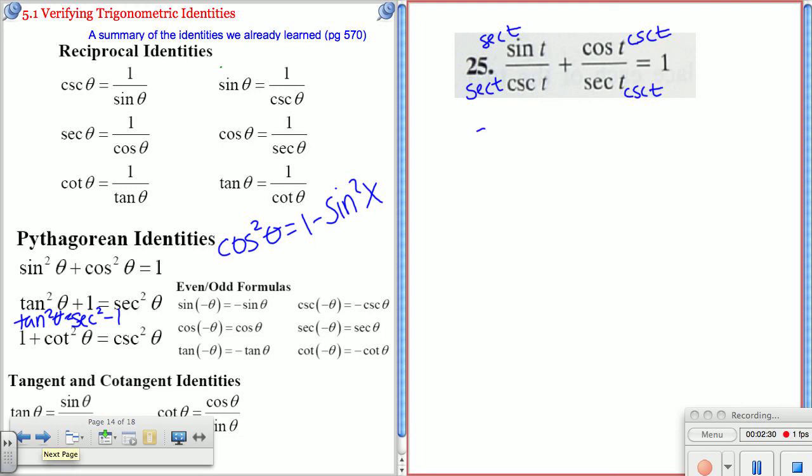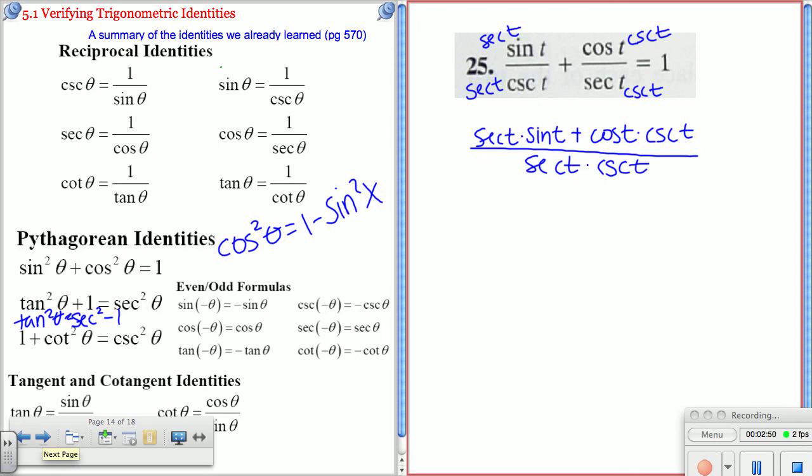And if I do that, I'm going to get secant times sine plus cosine times cosecant all over secant times cosecant.